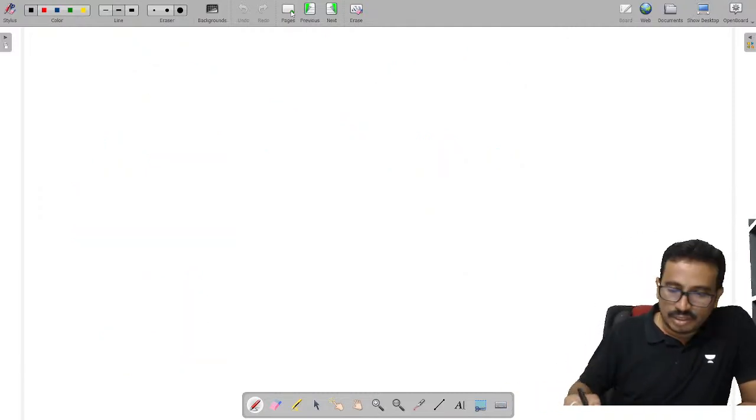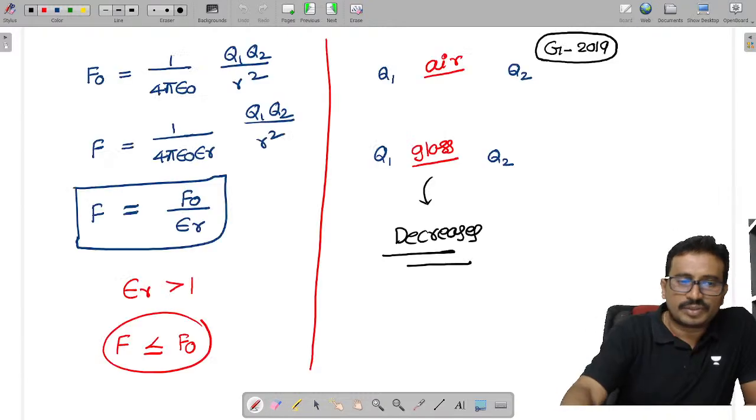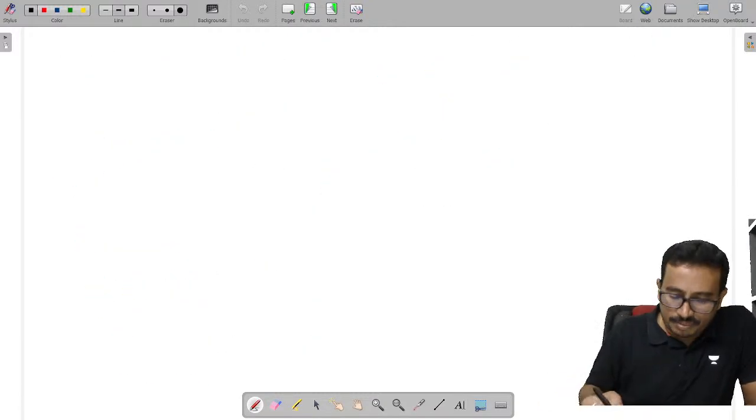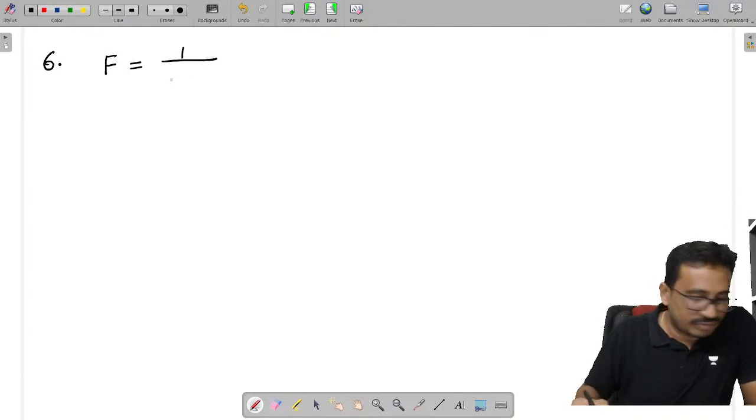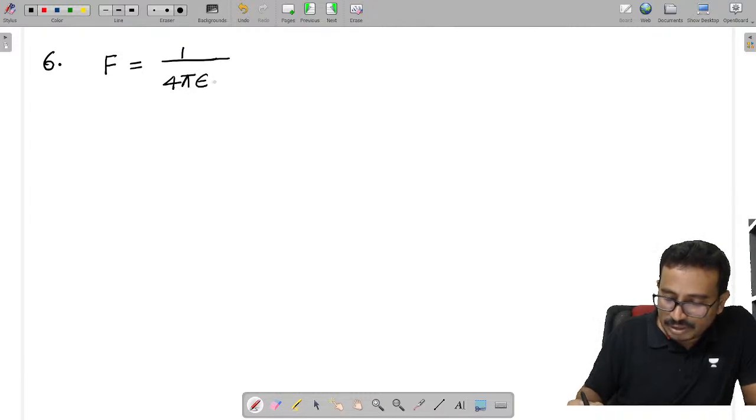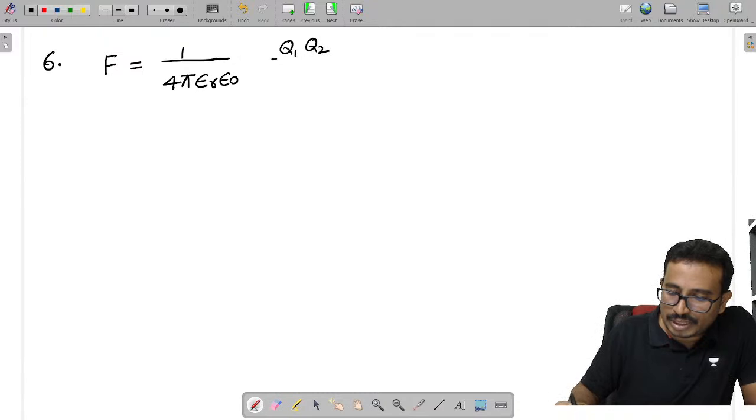Next. Now you see the things here carefully. I want to interpret the same concept differently. Here F is the force between the two charges with a dielectric medium between them, that is 1 by 4 pi epsilon r into epsilon naught, Q1 Q2 by r square.